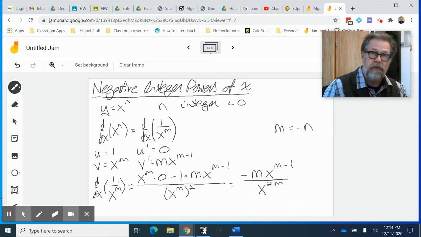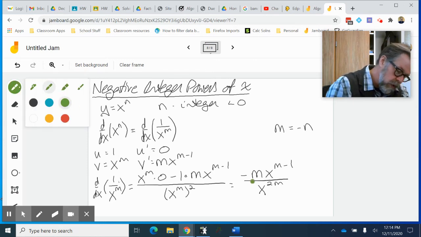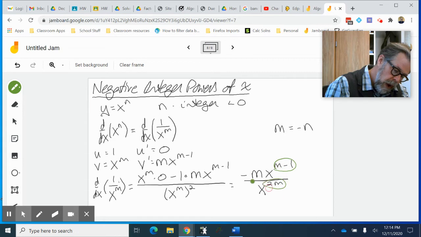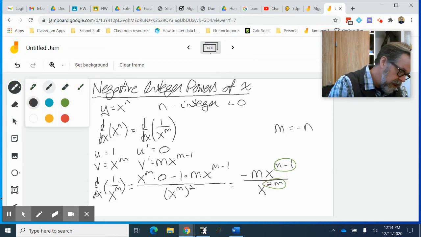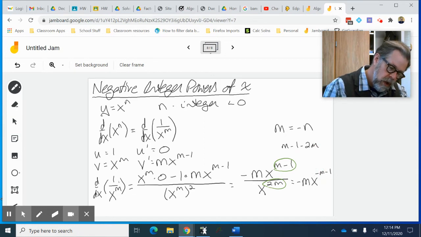My shortcut for exponents is that I'm going to subtract those. So these are just going to be m minus 1 minus 2m. That gives me negative m x to the, well, m minus 1 minus 2m is a negative m minus 1.